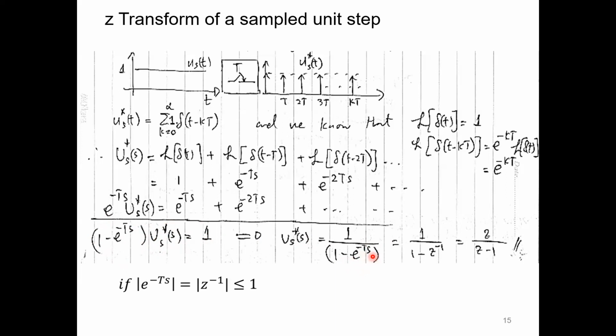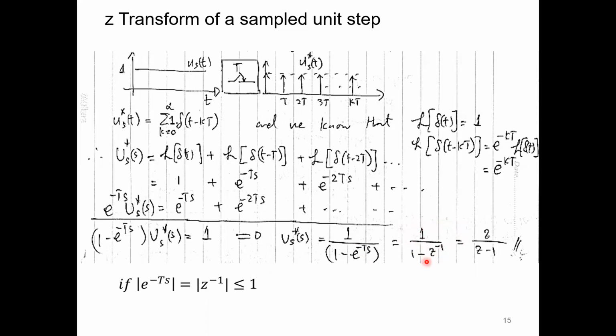Now, we don't take it forward, as I say, because we don't want to bring an s term in the exponent, e to the minus ts. This is an invitation for problems. So therefore, we substitute z in place of s here. So e to the ts is z. That is the definition of z. And because of this negative sign, the negative sign stays there. So it will be z to the minus 1. All right.